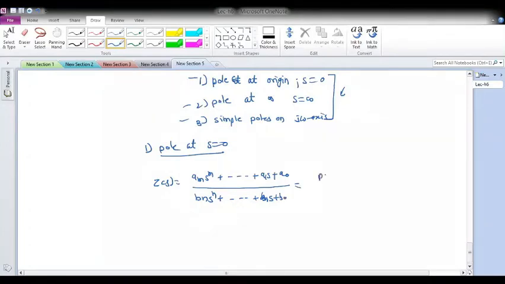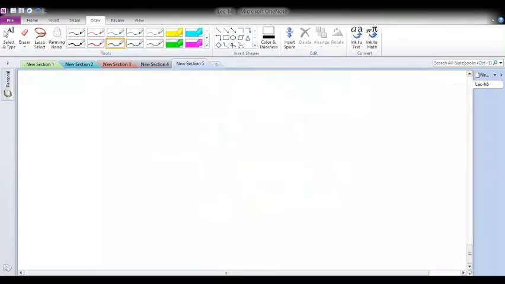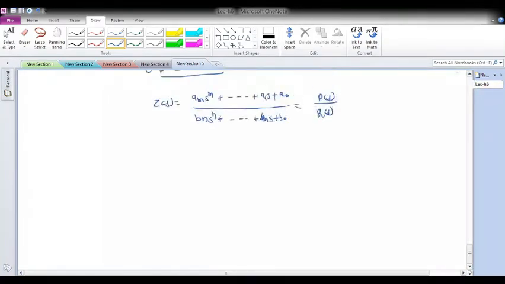This is the polynomial in the numerator and the polynomial in the denominator, which is Q of s. Now, if I am removing the pole at s is equal to 0, how will the situation be?